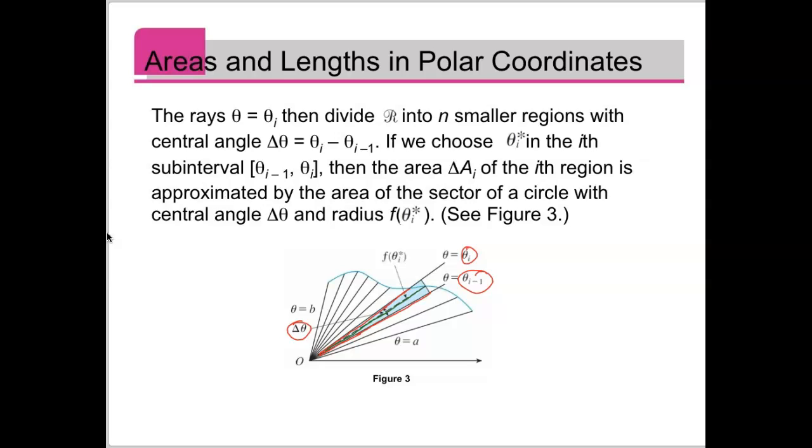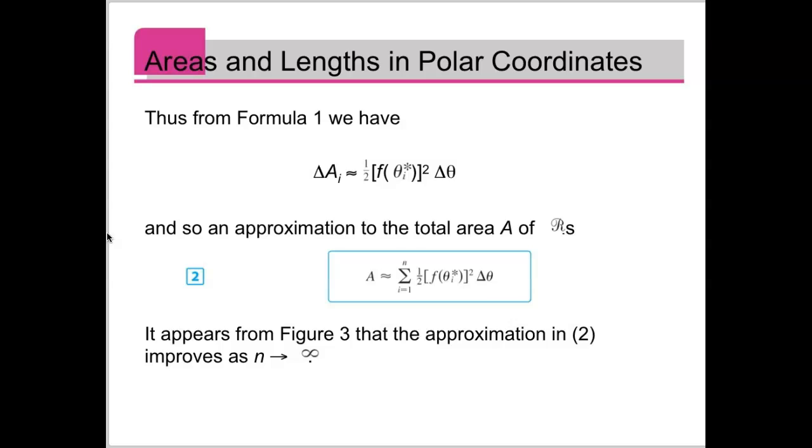All right, so if I just want to find the area of that small sector, I can use this formula. So the area of one small sector would be 1/2 f of theta i squared times delta theta, right? Because the area of a sector in general, remember, is area equals 1/2 r squared theta. So delta theta is the angle to get to that sector. f of theta is the radius at that sector.